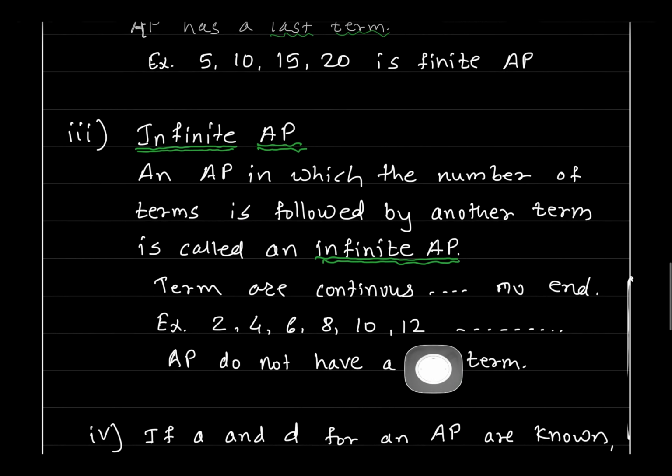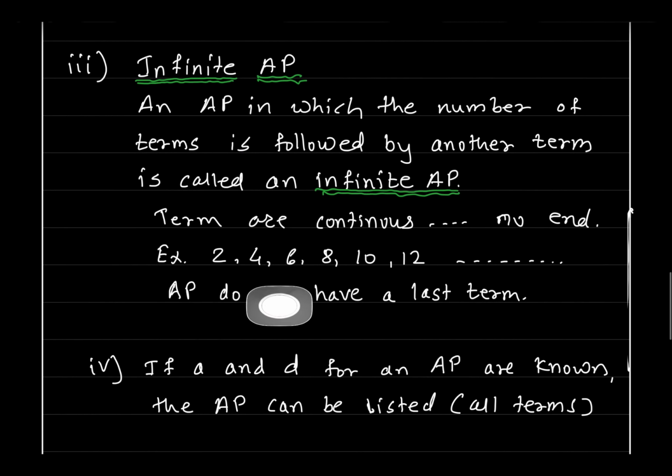There is no end. Here I have given another example: 2, 4, 6, 8, 10. The fixed pattern is adding 2, and the dash dash means so on, so there is no last term. An AP that does not have a last term is called an infinite AP.